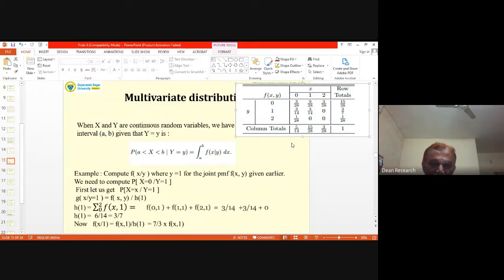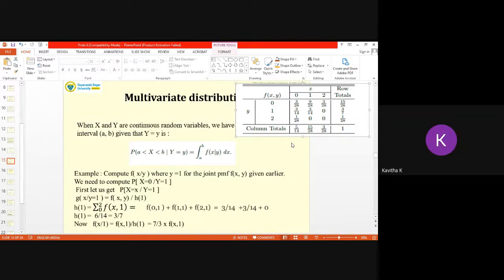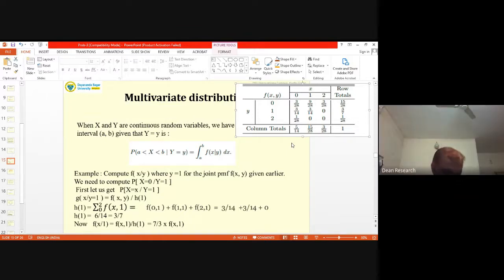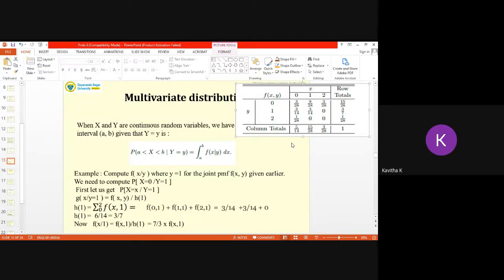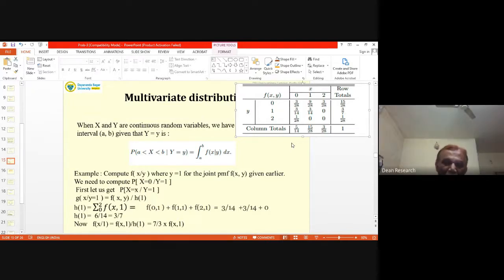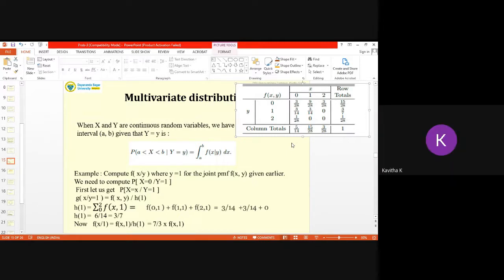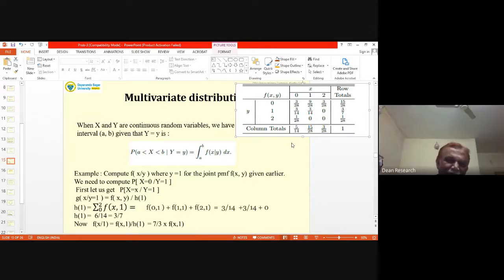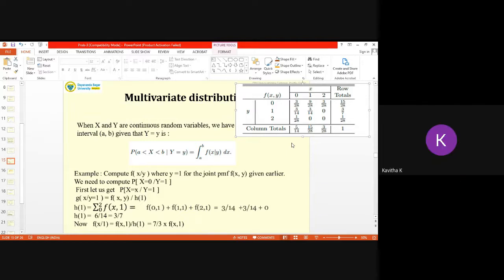You could get h of 1. Yes, sir. It is simple. In the second row of the table, 3 by 14 plus 3 by 14 plus 0 comes to 6 by 14, which is 3 by 7. Please explain from the table. Yes, sir.